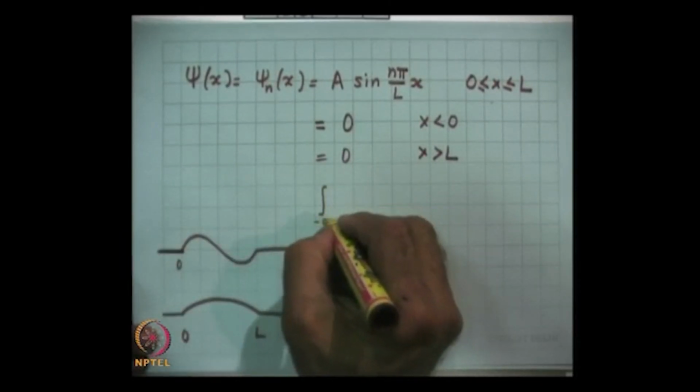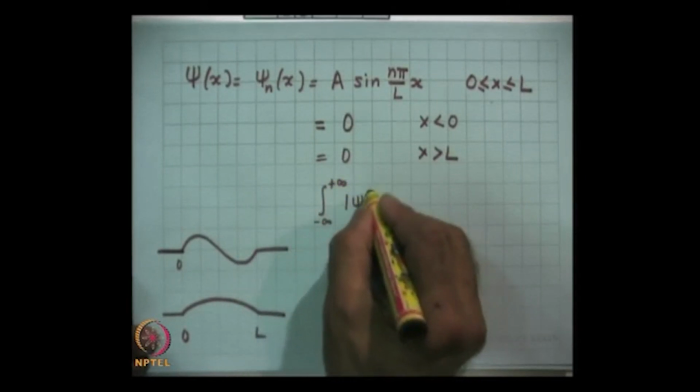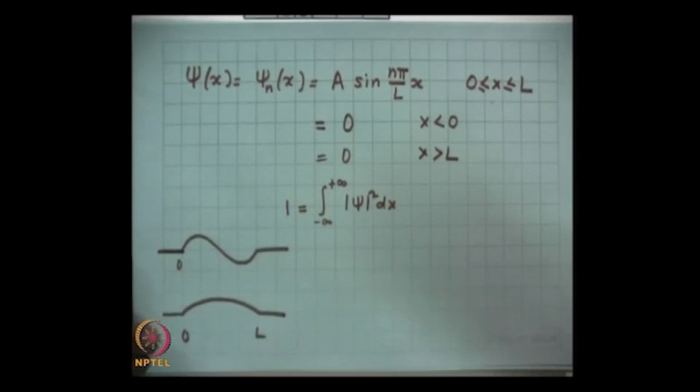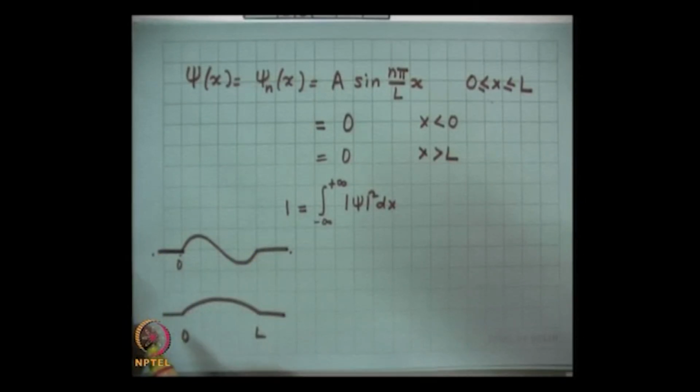If I now normalize this wave function, that is, the integral from minus infinity to plus infinity of mod psi square dx, if I put equal to 1, then the wave function is 0 for x greater than L and less than 0.